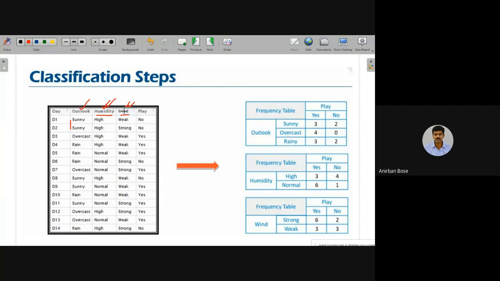And based on these three features, suppose a decision is to be taken whether some game, some play will be done or not. So this statistics is there, and based on that you have to create the model so that in future you can predict based on the weather condition whether the game will be possible or not.